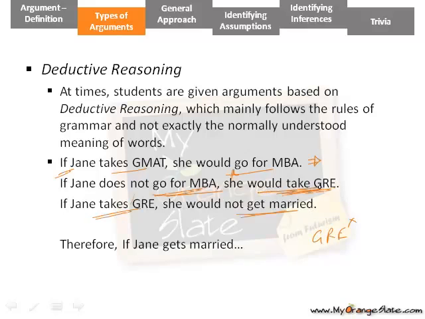If she does not take GRE, she would go for MBA. But if she goes for MBA, we cannot say whether she would take GMAT or not. Thus, based on this argument, what we can say is, if Jane gets married, she would not take GRE, but she would go for MBA.